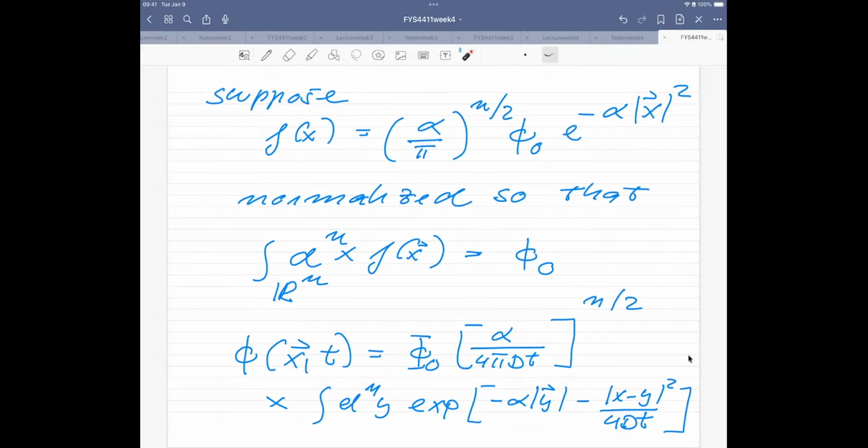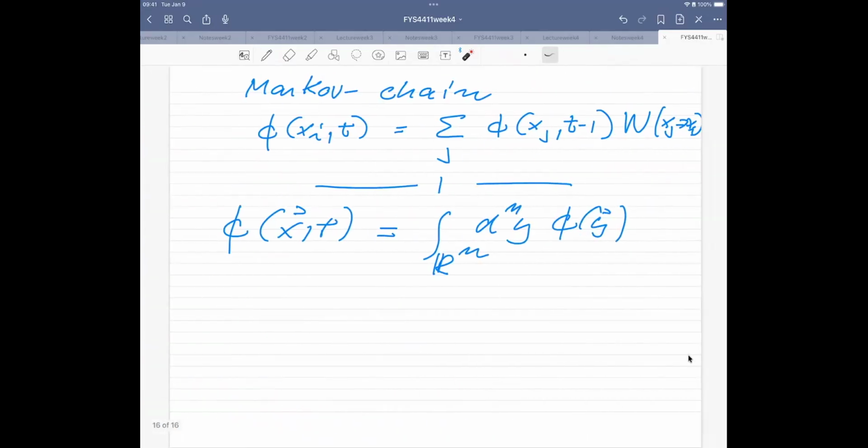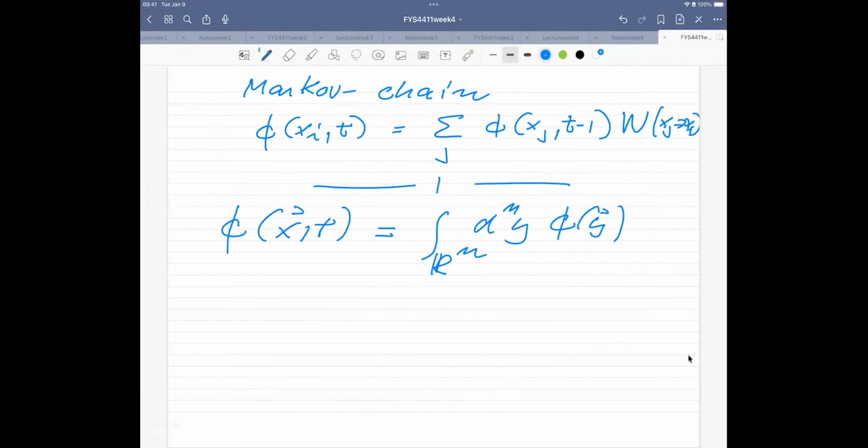So I'm replacing this one, f, with phi of y. Then the next term is a term which I'm calling w of x, y at the time t.